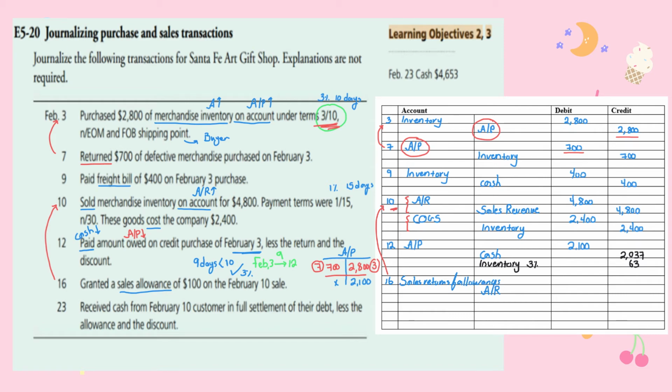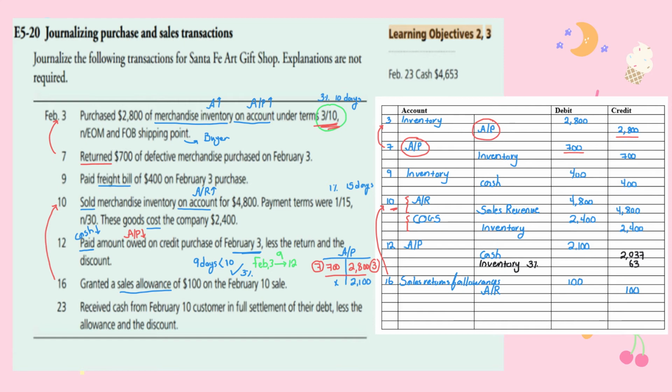It's a contra revenue account, which is debit nature, and it decreases your revenues, and the amount is 100. If it was sales return, I need to switch both entries because I'm gonna get my inventory back. But for the sales allowance, you're not gonna get your inventory back, so no need to increase your inventory.